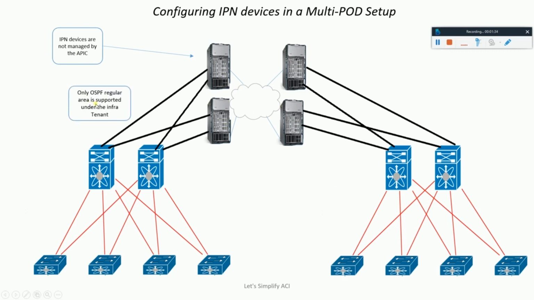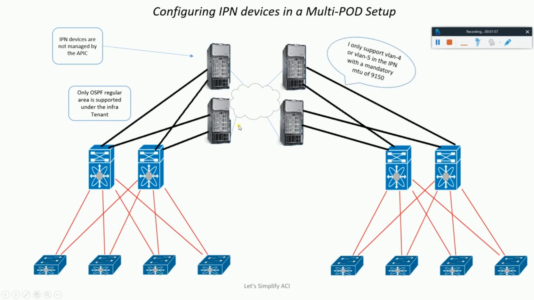The other important point about multipod setup is that on this IPN network, only OSPF regular area is supported and not NSSA or other types of areas. Furthermore, only OSPF is supported in IPN, and in OSPF we have only regular area supported, which is under the infra tenant.